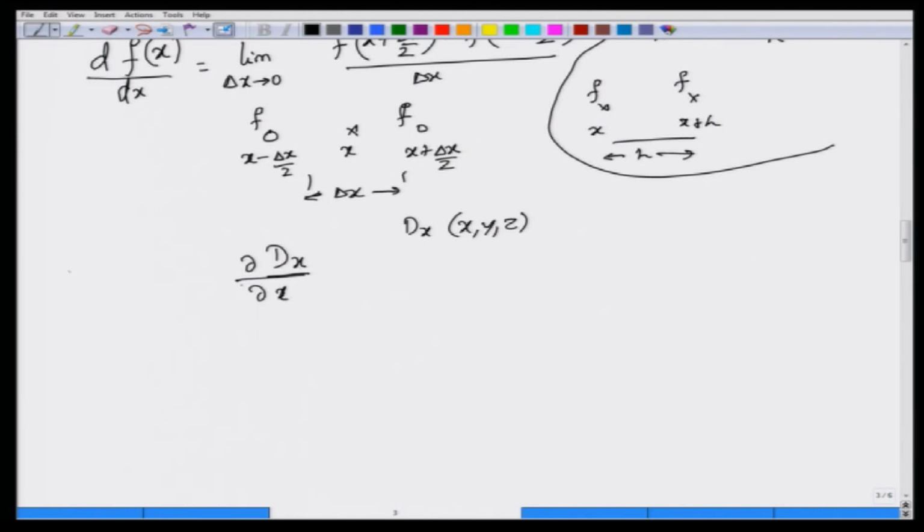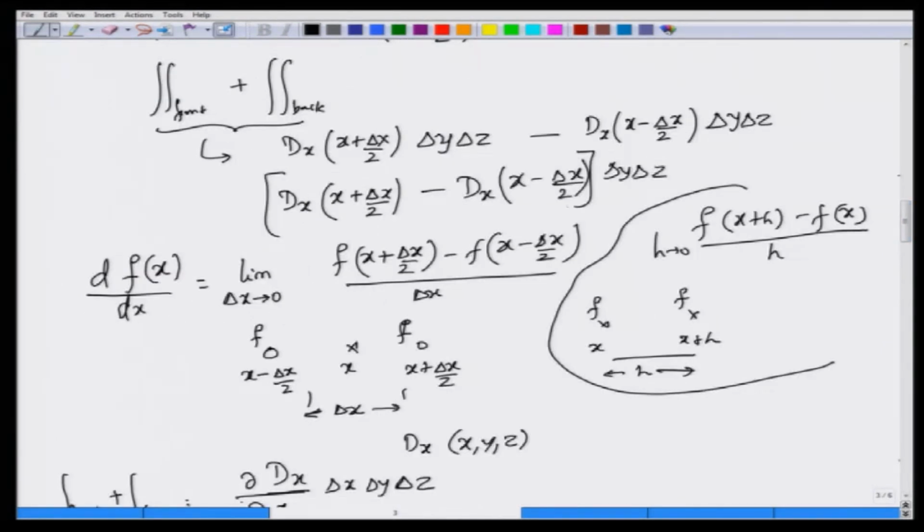So, if you go back to that integration over the front and the back surfaces of the rectangular volume element that we had considered, this has to be equal to del Dx by del x multiplied by delta x, delta y and delta z. Why is that delta x, delta y and delta z? Because what we have is only the numerator part.